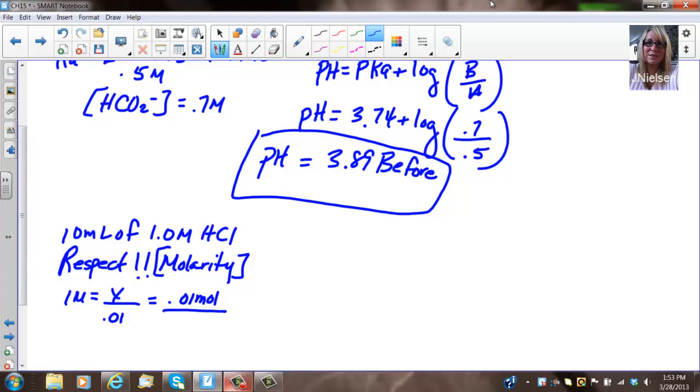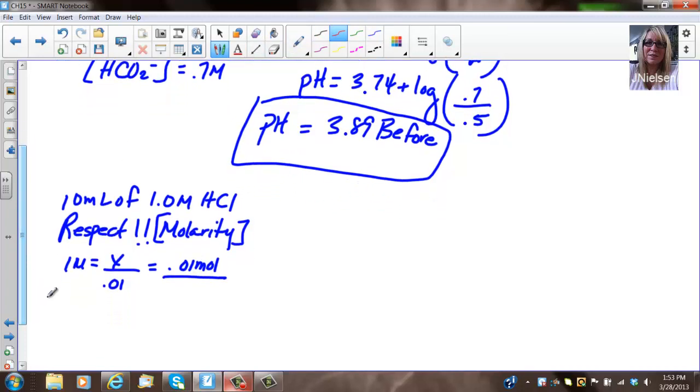Now, we have to digress a minute because I really want you to fully understand what's going on here. Originally, I told you, and this was in the last lesson, that when you add acid, you've got X minus, you have some base, and you're adding HX.